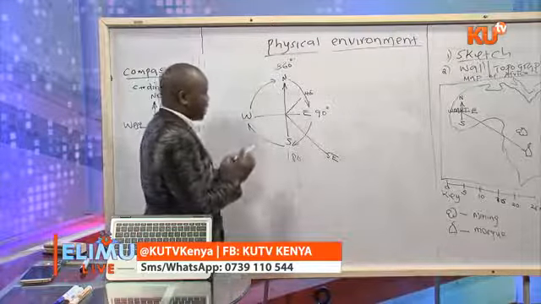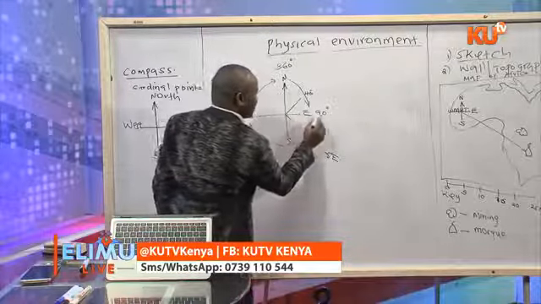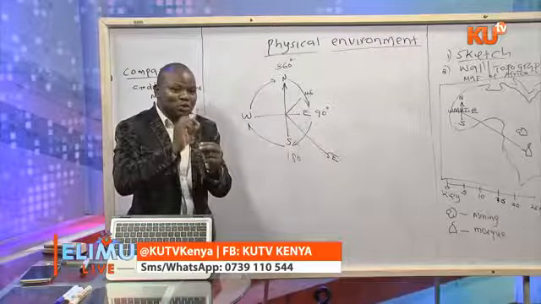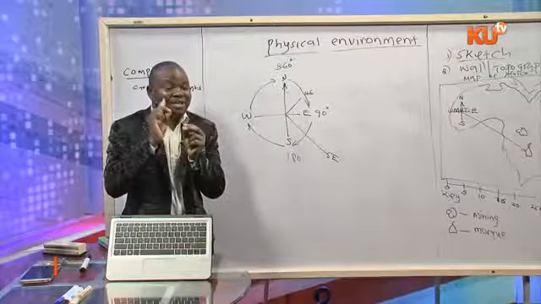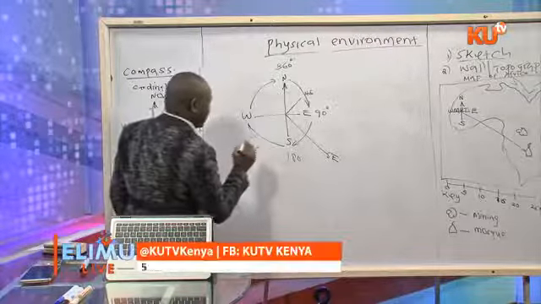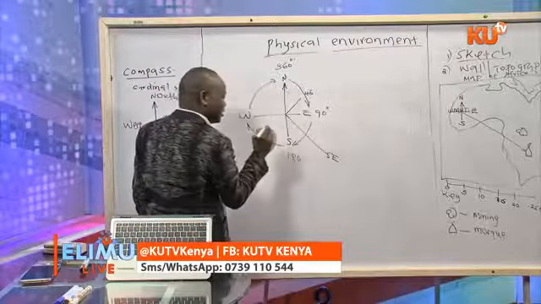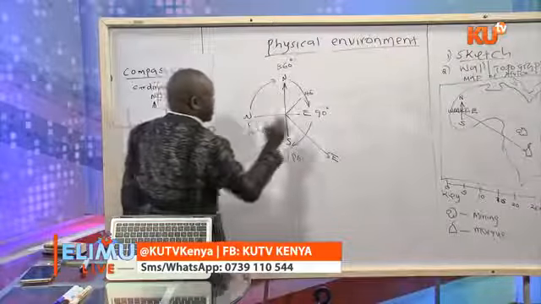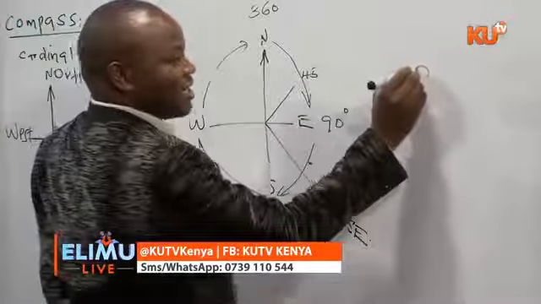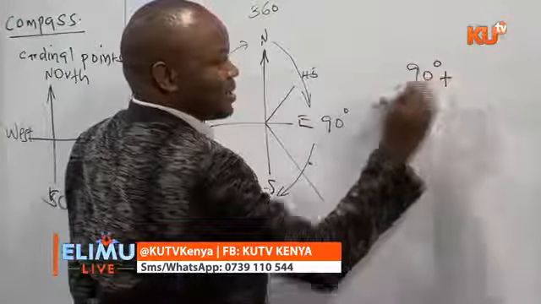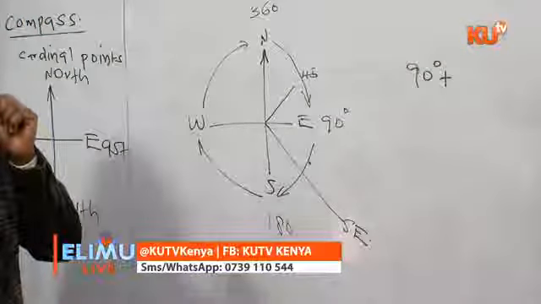So there is something also I want to make you aware. Let us say that somebody is at this point at 90, but he has only covered 22 degrees clockwise. At which point is he going to rest? So you are going to take 90 degrees plus the 22 degrees that person has covered.